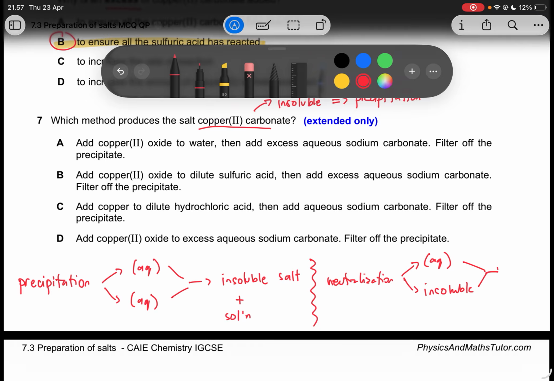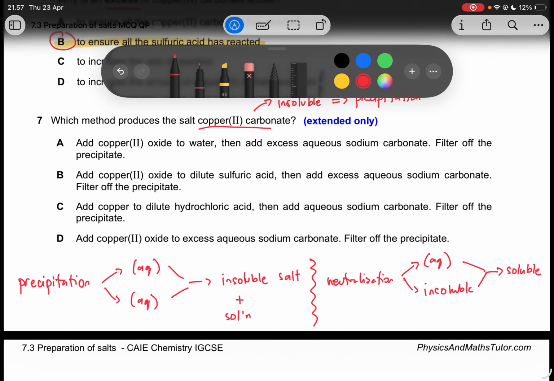But the resulting product, once we filter the excess, the filtrate, we crystallize it and dry it, it will form crystals that are soluble.